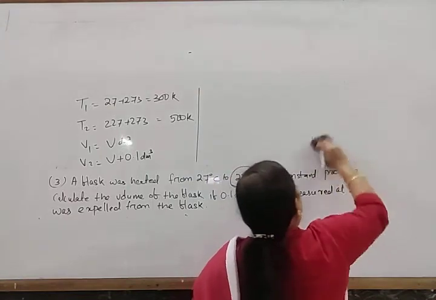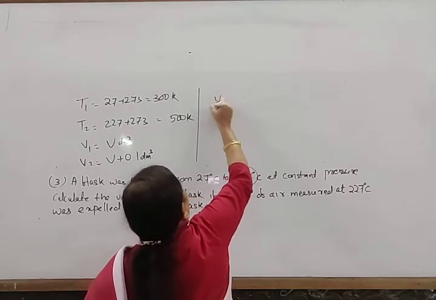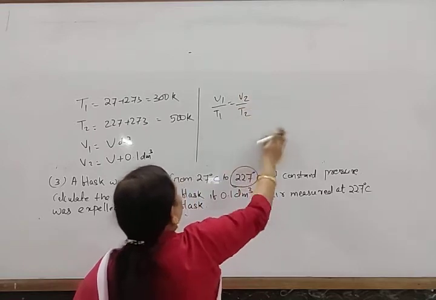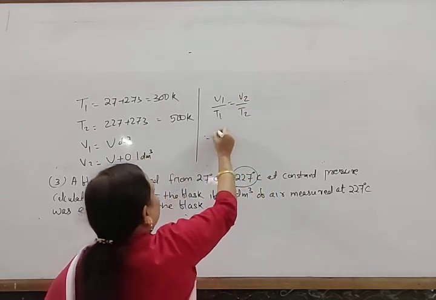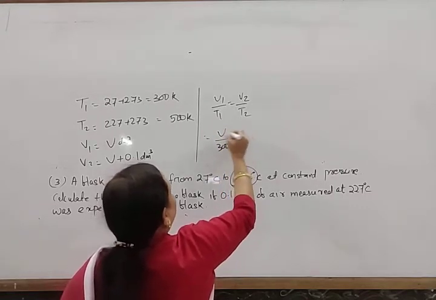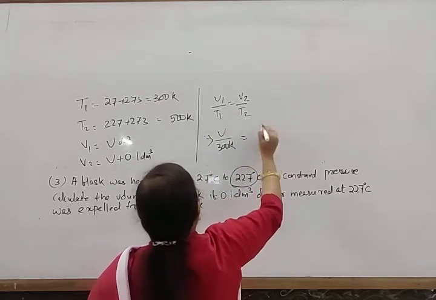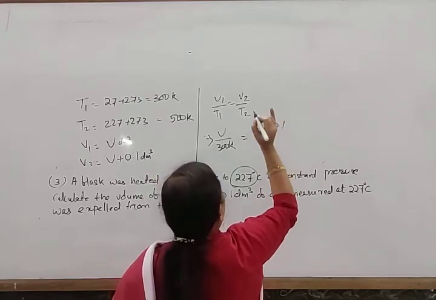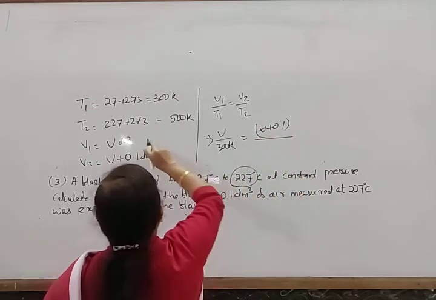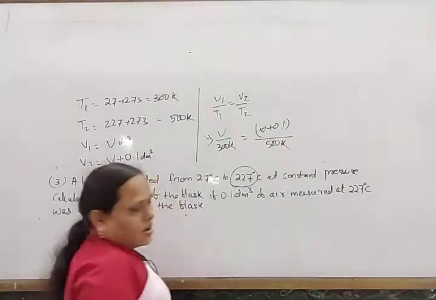According to Charles law, V1 by T1 equals V2 by T2. V1 is V, T1 is 300 Kelvin, equal to V2, that is V plus 0.1, divided by temperature T2, that is 500 Kelvin.